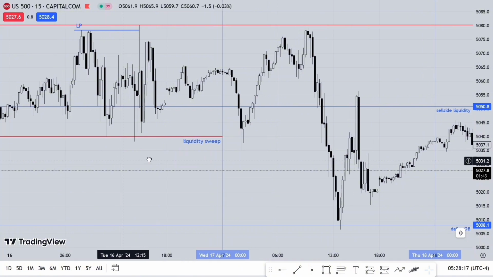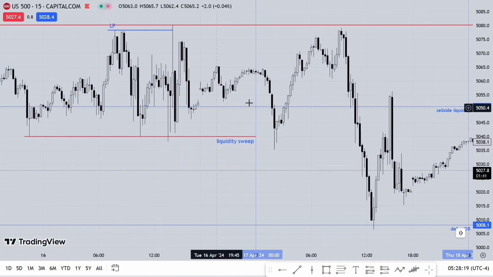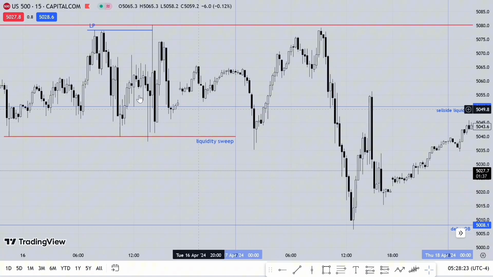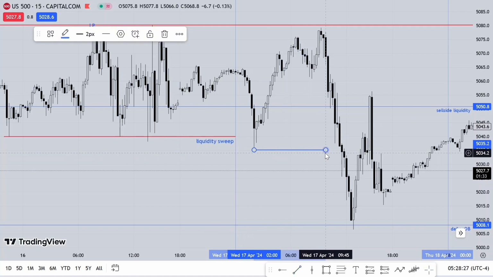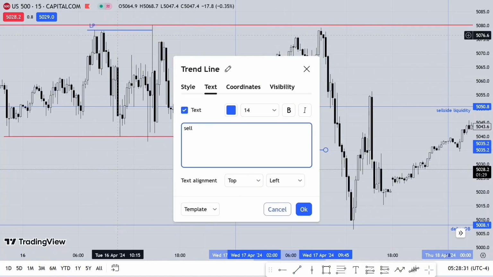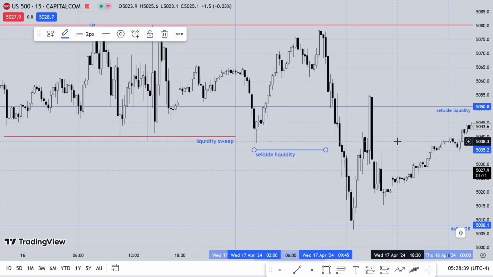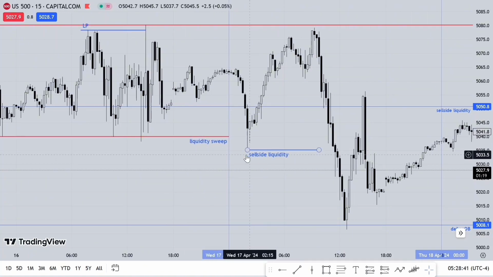So we'll be interested in this sell side going into Wednesday's trading. This was the drawn liquidity for Wednesday's trading.